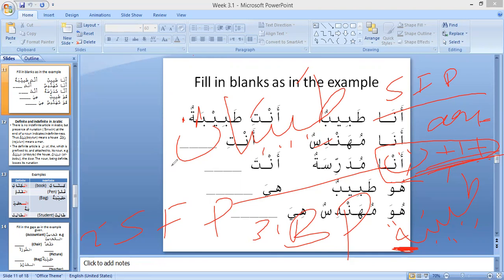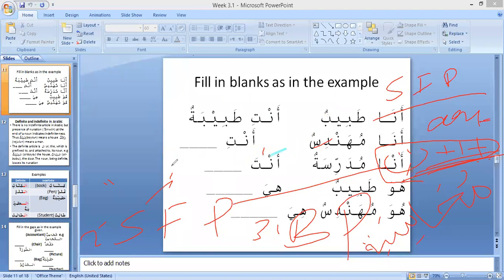Muhasibah. That is a female accountant. What is the dual of muhasibah? Muhasibatan. That's right. Then when it comes to plural, it becomes muhasibat. Now, how do you say it for muhandisa?